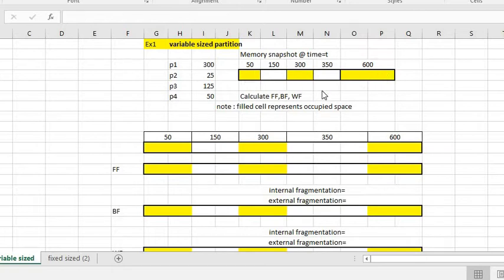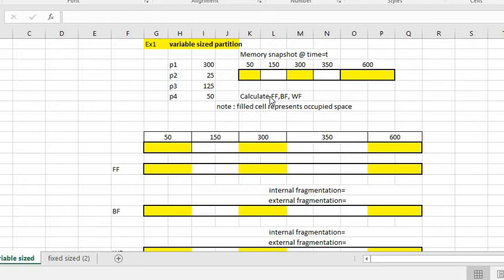It shows that 50 KB of the overall memory has been occupied by some other process. I have a hole, that is free memory available, of 150 KB here. I have again a process of size 300 KB occupied, and a hole, nothing but free space, of size 350 here, and 600 KB of space that has been occupied over here.